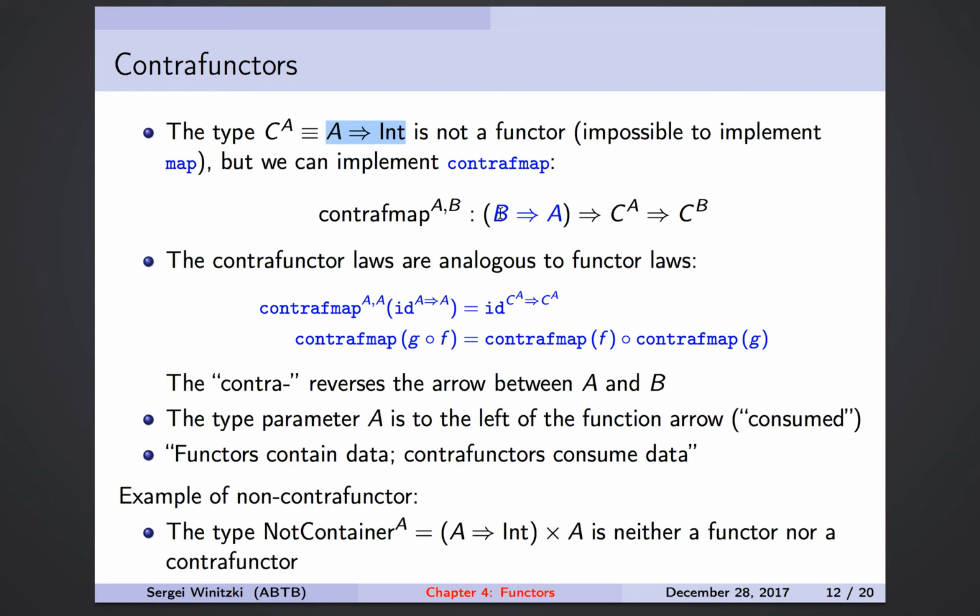So the function goes from B to A, but the lifted function goes from CA to CB. So that's the contra. It reverses the arrow between A and B. The contrafunctor laws are very similar to functor laws, except for the interchanging of the order of the function in composition. So this is the contra direction. So composition of G and F, and that's composition of F lifted and G lifted.